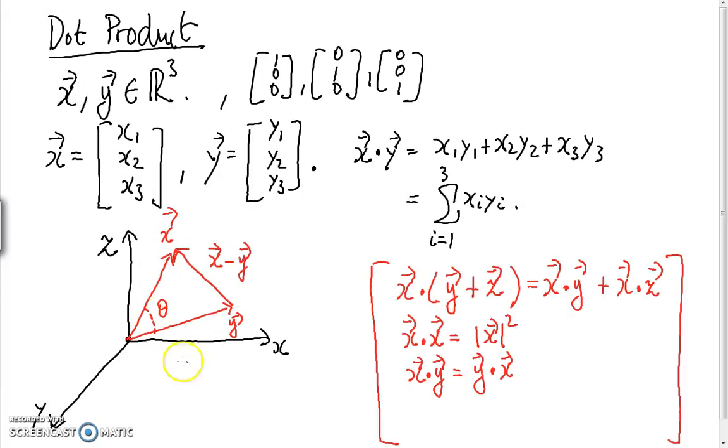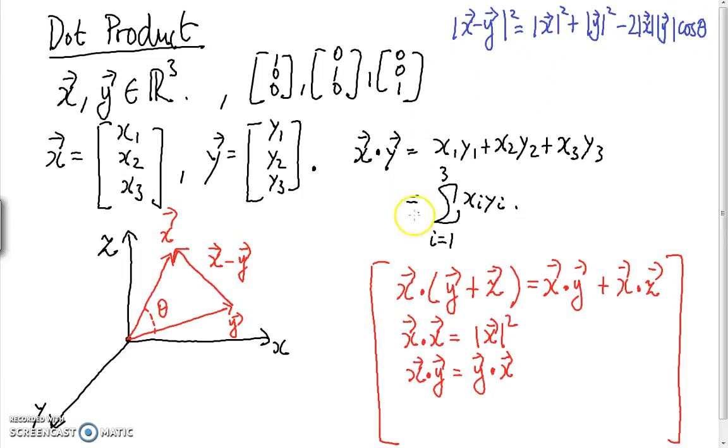Anyway, so back to this diagram over here. Let's apply something. Since this is a triangle, we can apply the cosine rule to it. So I'm just going to apply that. Therefore, the magnitude of x minus y squared is equal to the magnitude of x squared plus the magnitude of y squared minus twice the magnitudes of x and y multiplied by cosine theta.